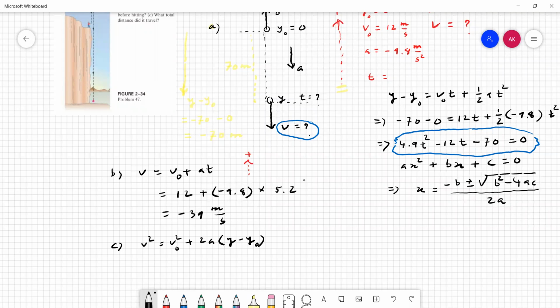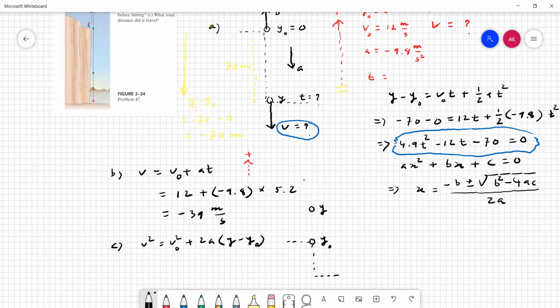Note that in this case, the diagram is not the same as in part A. Let's just draw it. We have this cliff. We don't care about the bottom of the cliff. This is the top of the cliff and the final position is right there. That's y and that's y naught. Do you understand that?